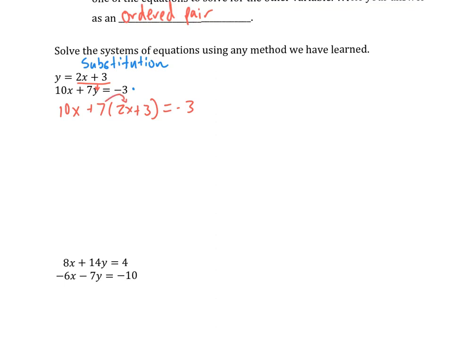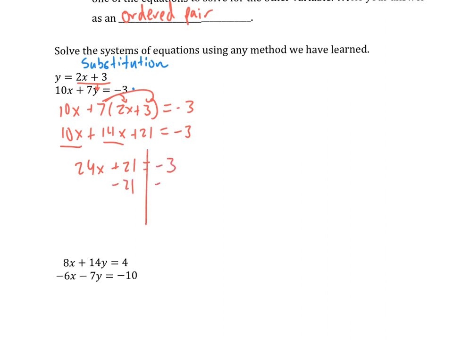So our first step is going to be to distribute here. So we'll get 10x plus 14x plus 21 equals -3. Then we'll combine like terms. So we'll get 24x plus 21 equals -3. And then we can solve for x.